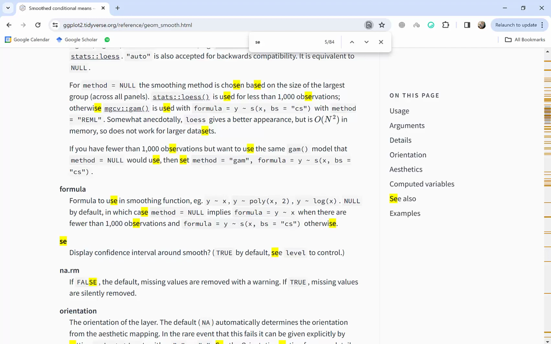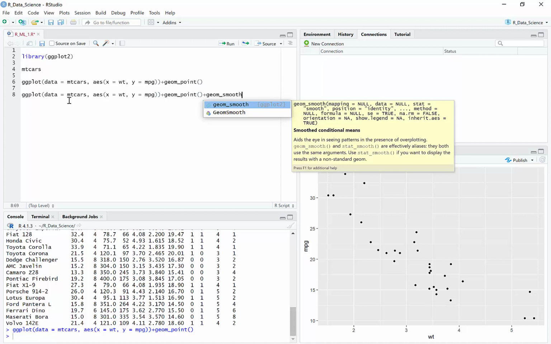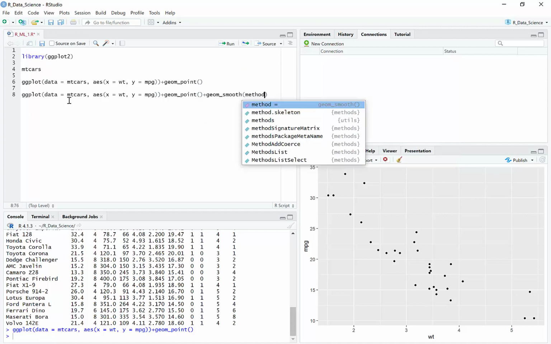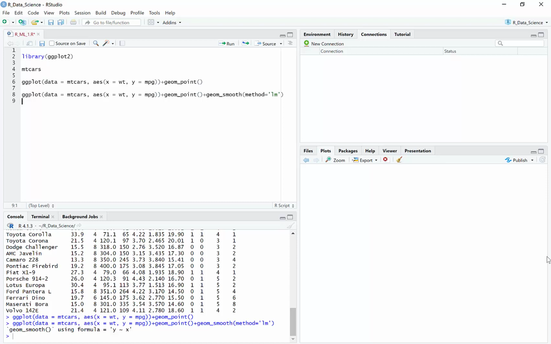So let's see what we can do. Again, copy this and add geom_smooth, method equal to lm. But first, before setting se to FALSE, let's see what the result is.